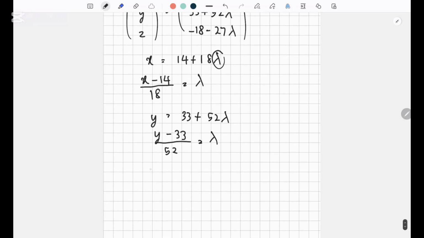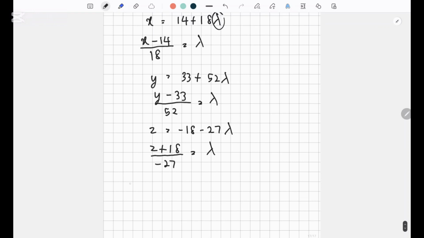And finally, z equals minus 18 minus 27 lambda. So that's z plus 18 divided by minus 27 equals lambda. So you can write your final answer. You have to give it in the form they have given. x minus 14 over 18 equals y minus 33 over 52 equals z plus 18 over minus 27.